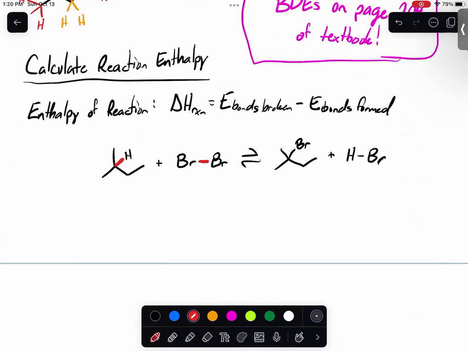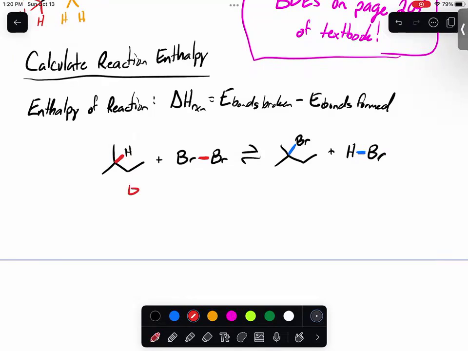On the other side, we have our bonds formed, which is the second part of our delta H. We form a carbon-bromine bond, and we form the hydrogen-bromine bond. So these two bonds that we form are also going to have their energies calculated. Looking at the bonds broken, we have two of them.